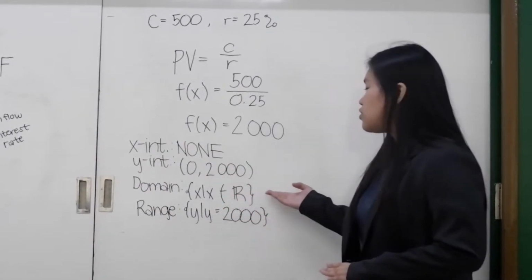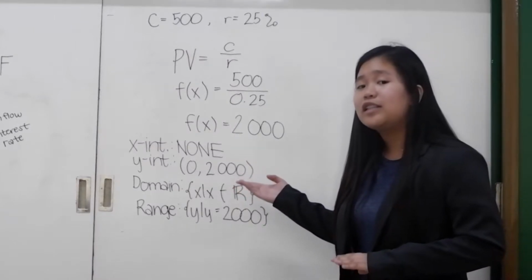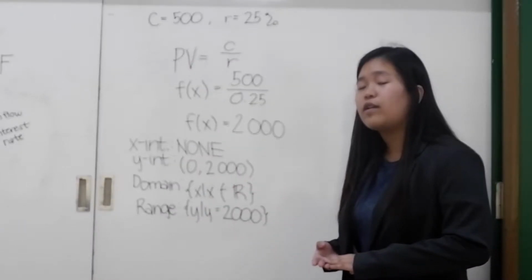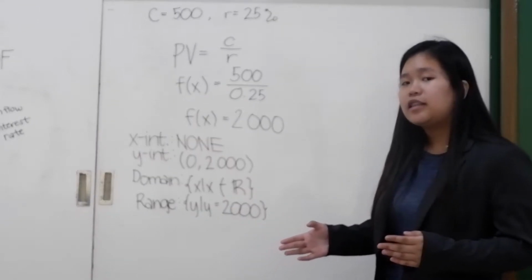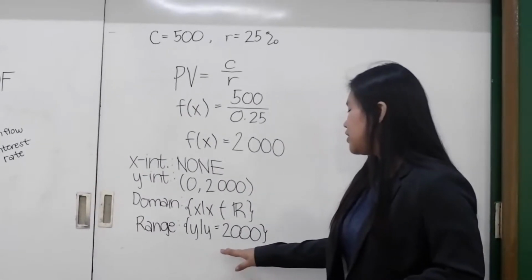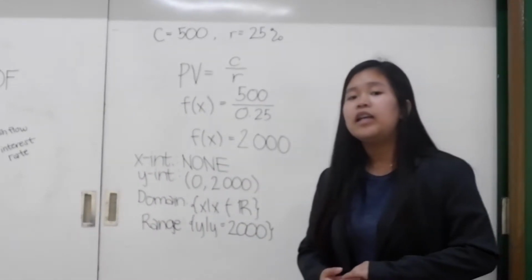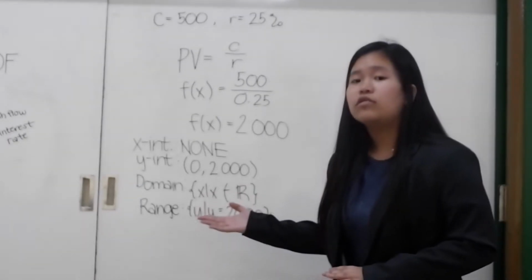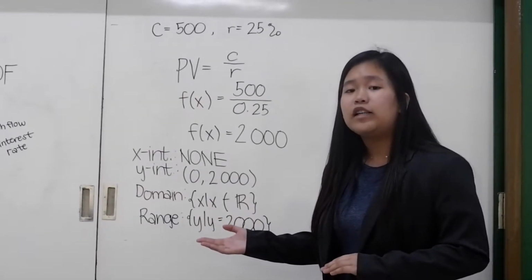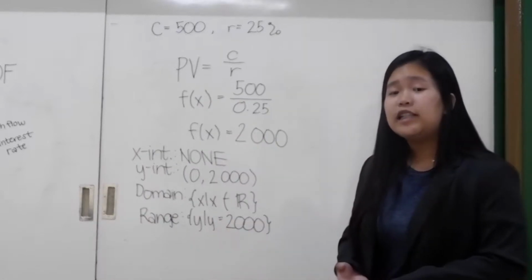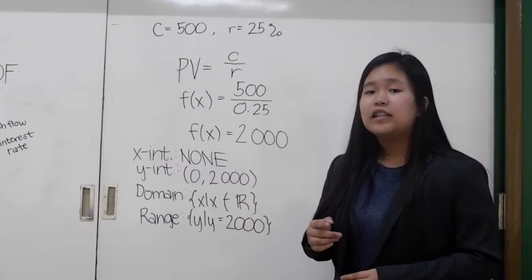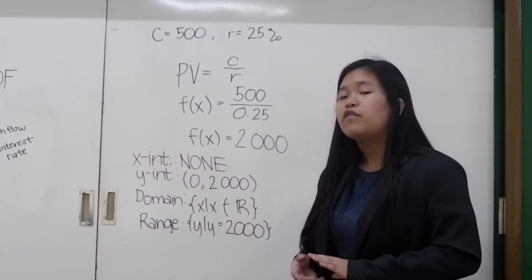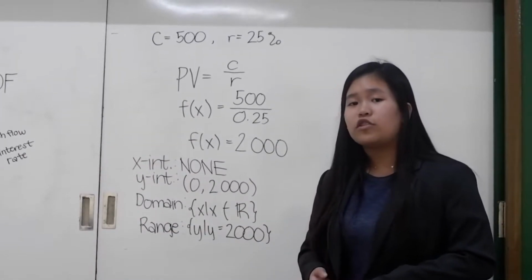The domain covers all real numbers, for the constant graph extends from left to right. The range is 2,000. Also, there are no asymptotes, for the function is constant. And finally, the interval is neither increasing nor decreasing, for it is a constant function.